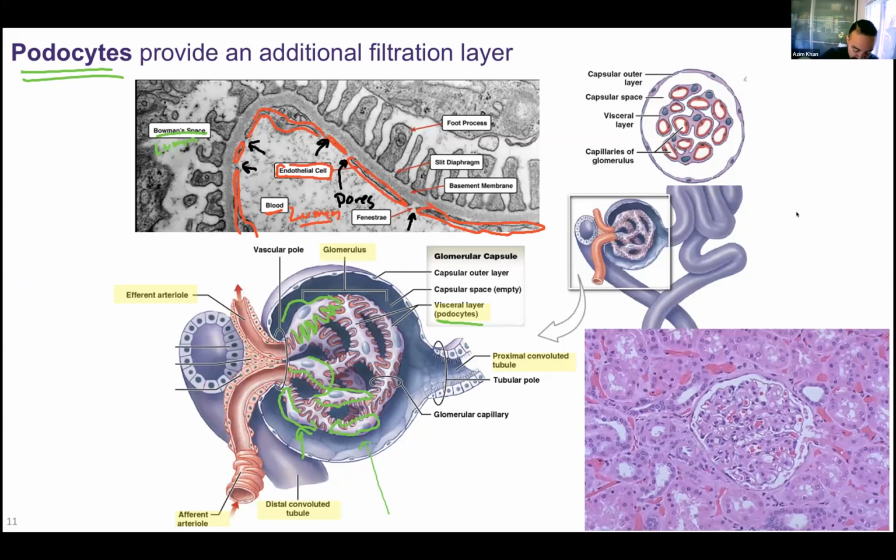So we want to get filtrate out here, but we have one more layer, and that's what I'm going to color in orange. These little extensions are parts of the podocytes. These things here.